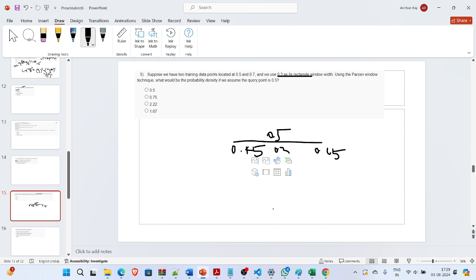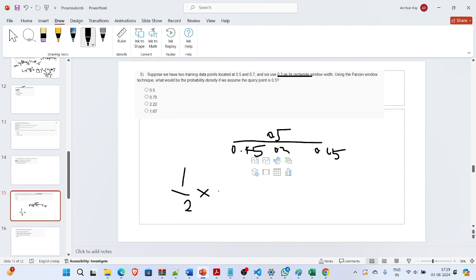This is the width under which, if a point is inside, we use the value 1, otherwise 0. So 0.5 is within, but 0.57 is outside. Then 1 by 2, the number of points, is this.